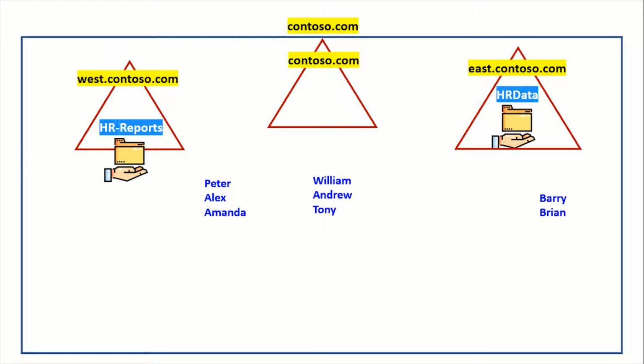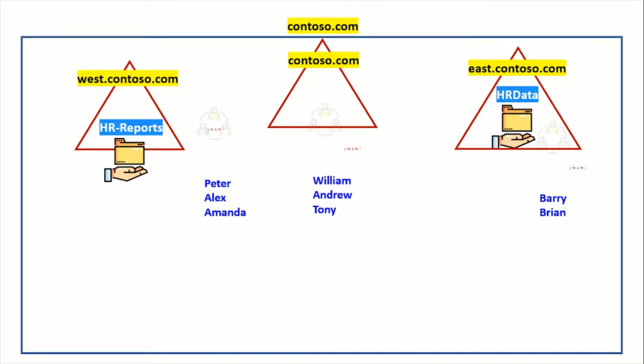Now in this example, we can see that the resources are distributed. They're not in the same domain, they're in more than one domain. So how do we achieve this goal? Our target is that we must grant permissions to all the 8 users to the HR reports and HR data folders.